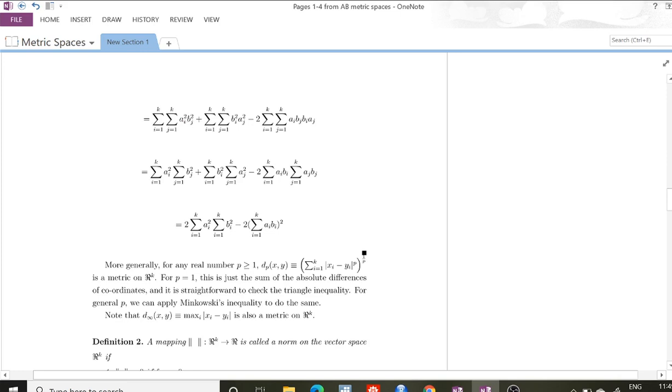So for each i, i varies from 1 to k and j varies from 1 to k, right? So instead of adding these in this way, what I can do is take all the little lengths ai squared, i going from 1 to k. So that's the sum here, sum i going from 1 to k of ai squared.